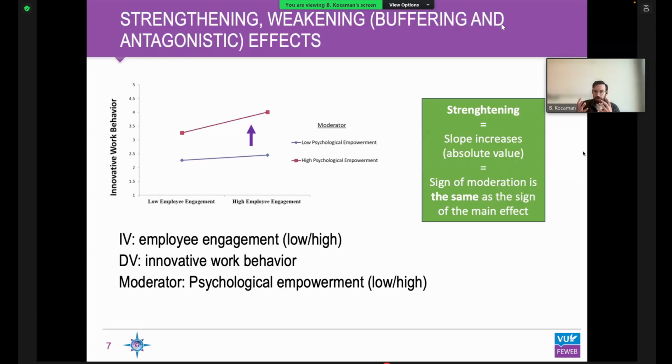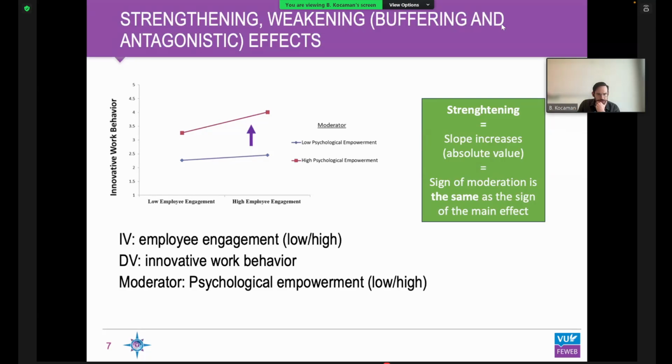If you see a higher absolute value, then this is a strengthening effect. When you have a strengthening effect, you can think about the slope. Slope means the difference between these two points, basically.